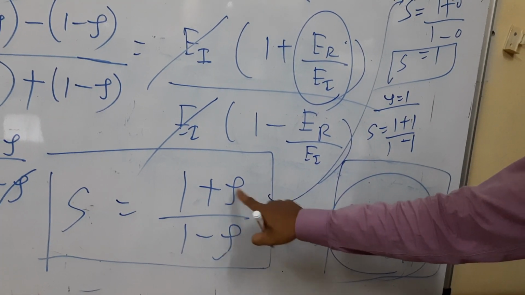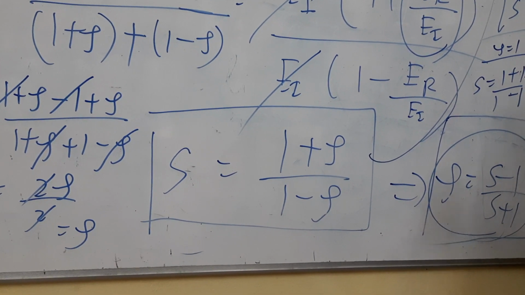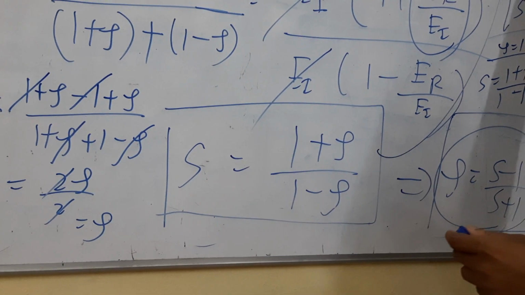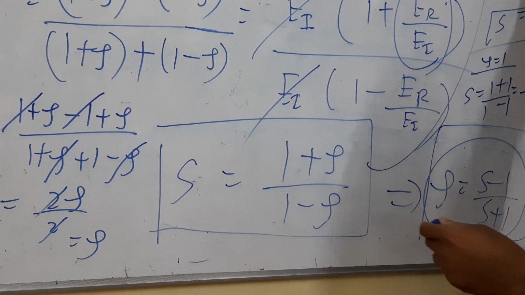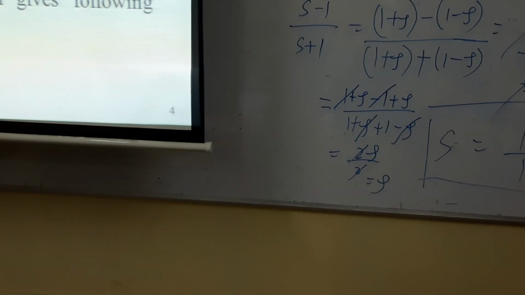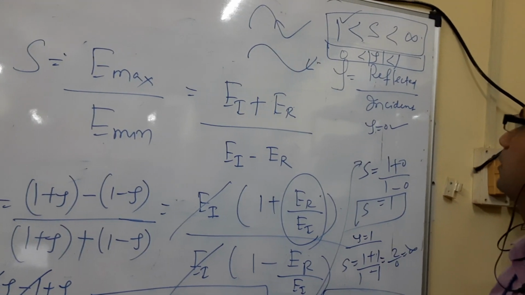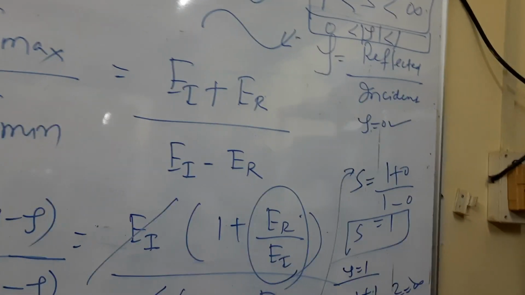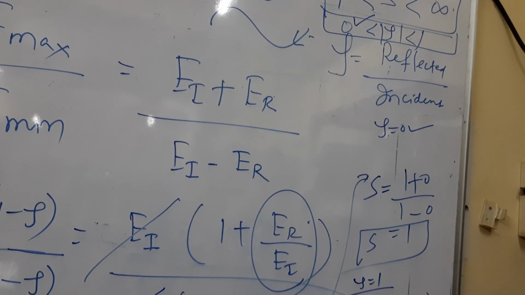If you put rho equal to 1, it is 1 plus 1 by 1 minus 1, so 2 by 0 equals infinity. So your standing wave ratio S lies between 1 and infinity, and the reflection coefficient lies between 0 and 1. For the ideal case, the standing wave ratio should be 1. For good transmission, the standing wave ratio should be 1 and the reflection coefficient should be 0.